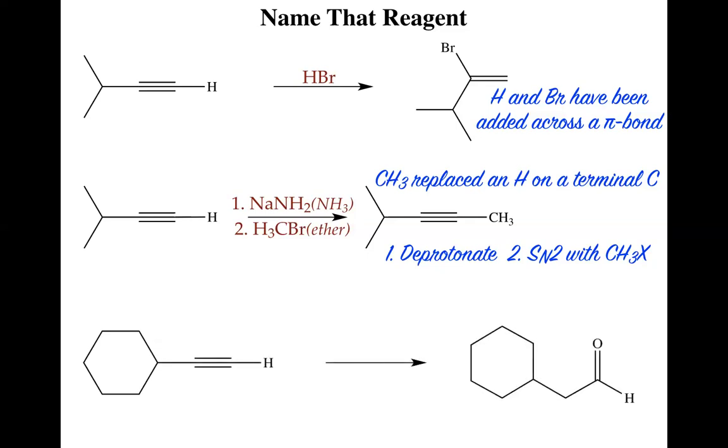So this one, we also saw this reaction where we get an aldehyde. Aldehydes are the result of tautomerization of an enol. So that means this first formed an enol.